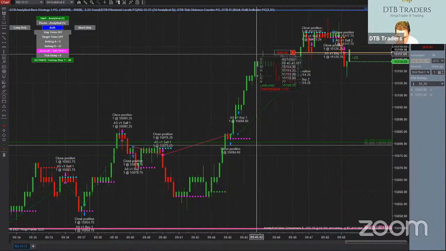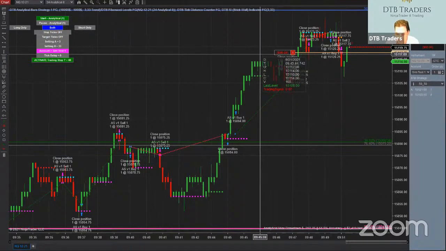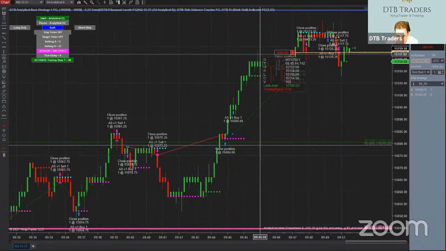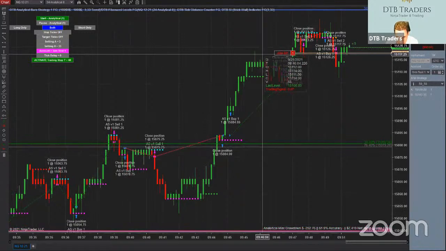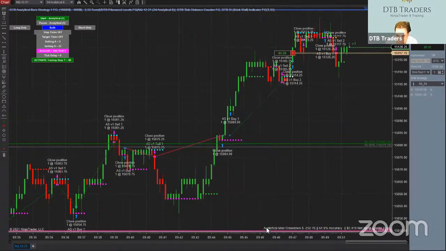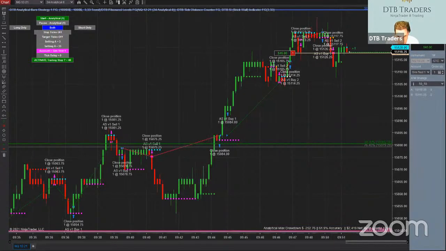So exactly where the last bar ends, the new bar opens. But yeah, if you would like to keep the 24 bar like that and then just not optimize, you can do that. It's up to you.